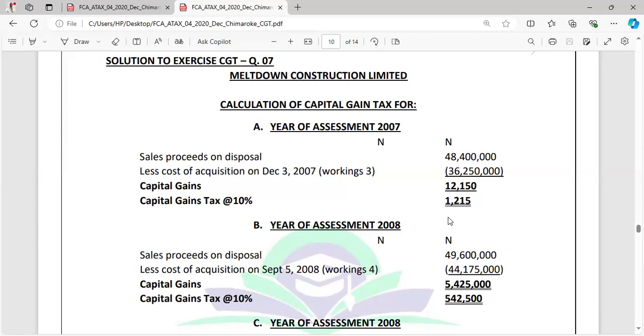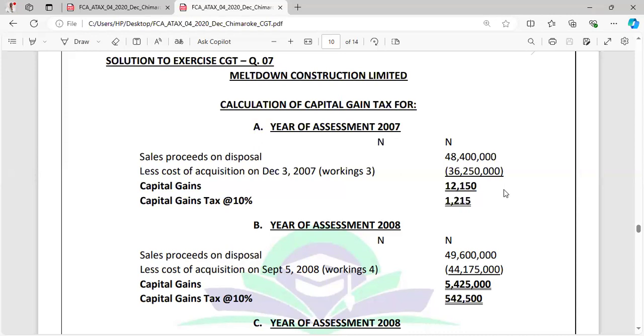Forgive me, the thousand did not enter. It's a typographical error. The thousand should have been recorded. Now, when you apply 10% of it, it means you are paying 1,215,000 as your capital gains.